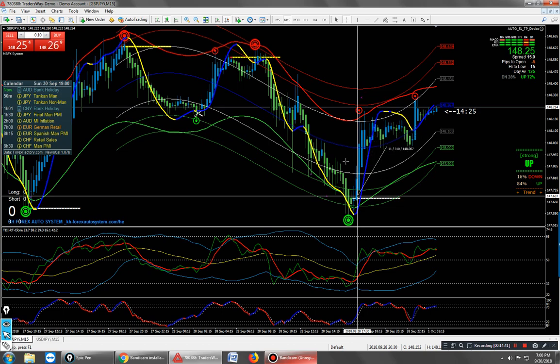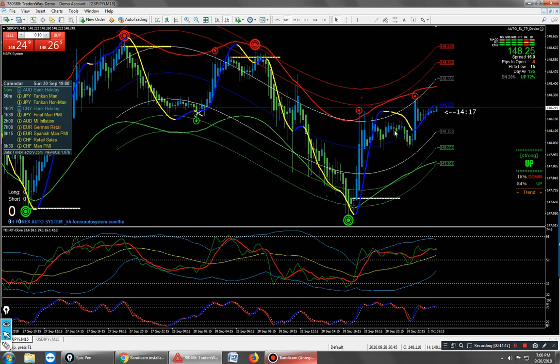Now with this, I could hold it until I get a trend notification for sell, and these red and green lines are back touching or below the yellow line, and the green is definitely below the red. Then I could get out.